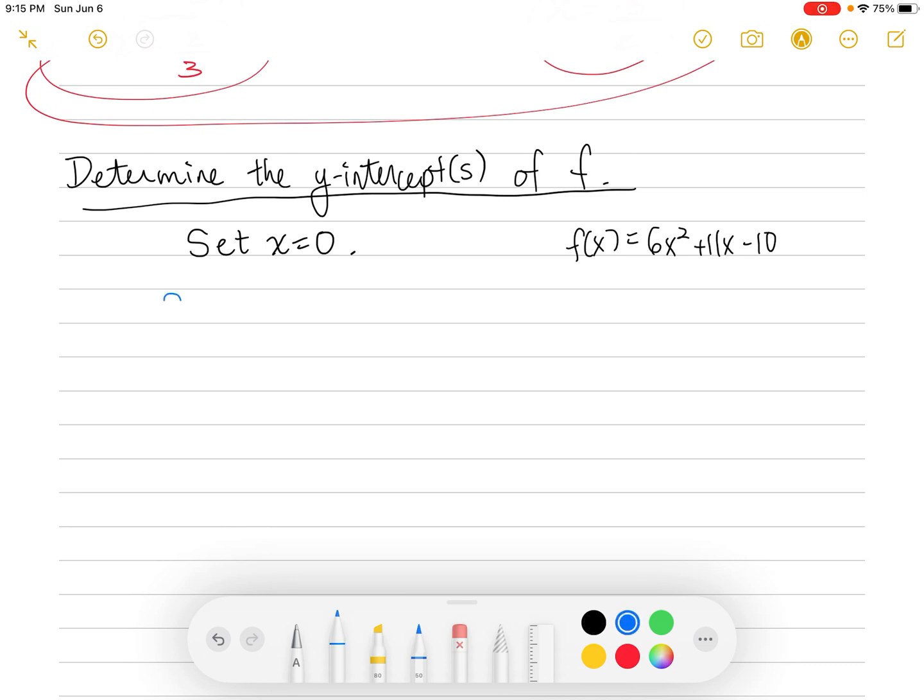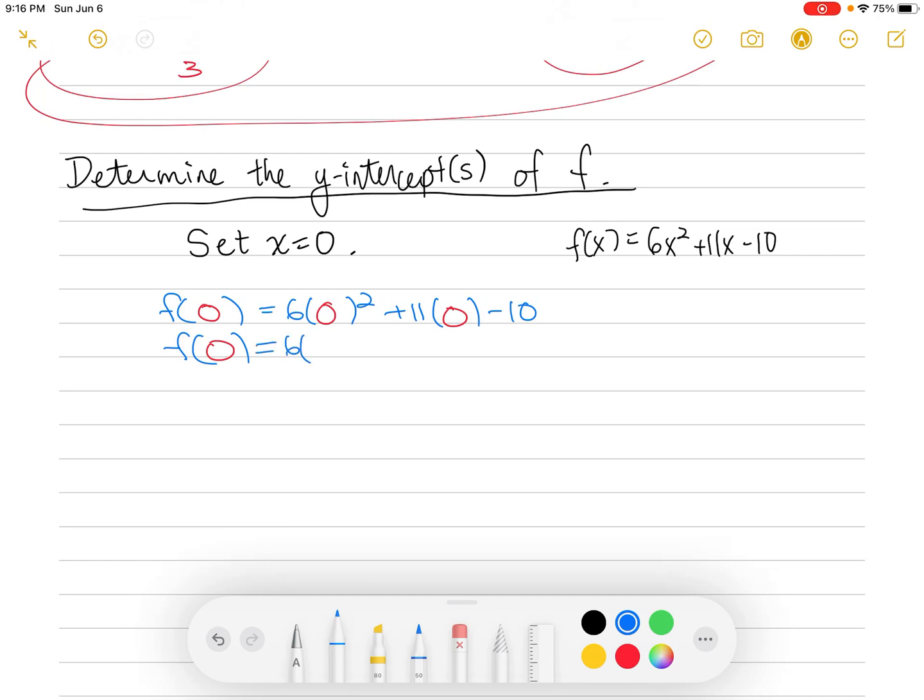So let's do that. We're going to find what f of 0 is, basically. We're plugging in 0 for x. It's going to give us 6 times a blank squared plus 11 times a blank minus 10. And everywhere I had an x, I'm going to put a 0. Now, this is nice. I love plugging in 0. It makes life easy.